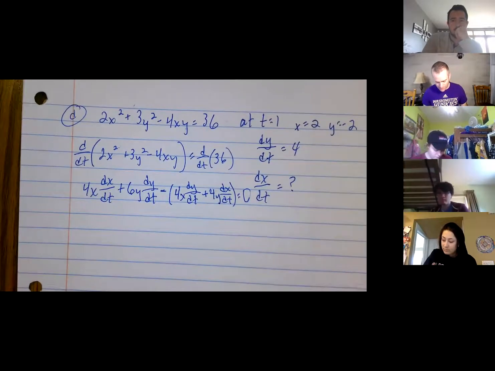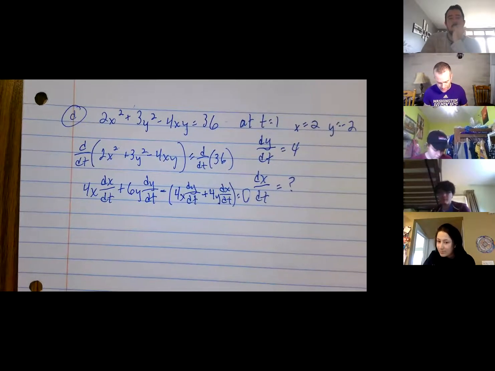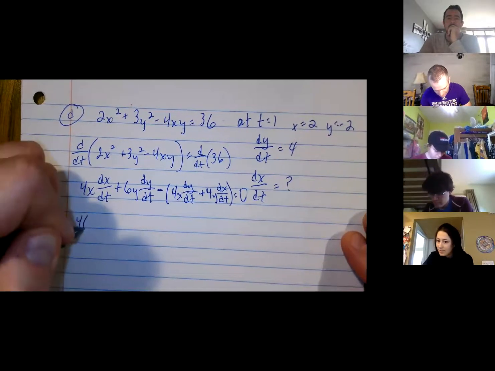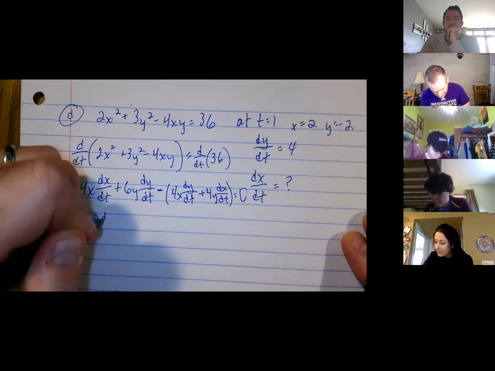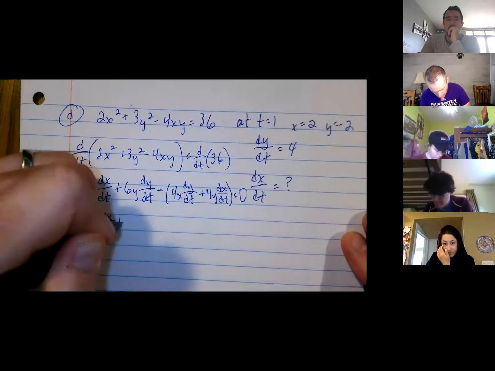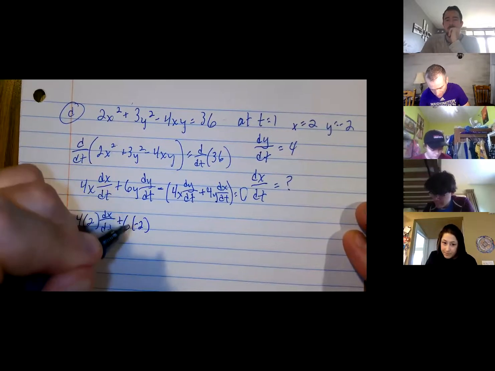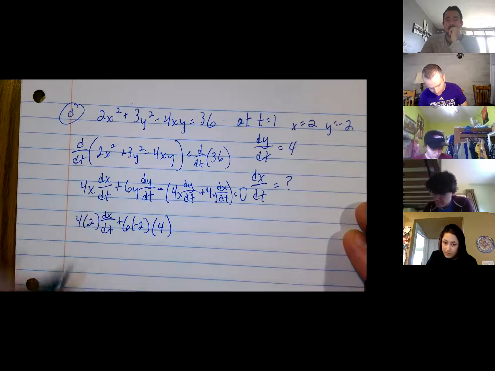All right, and so now you're just going to plug in your known quantities and solve. So what do you know? You know that x is 2, so 4 times 2, dx/dt, which is what we want to know, plus 6 times y, which is negative 2, and dy/dt is 4.